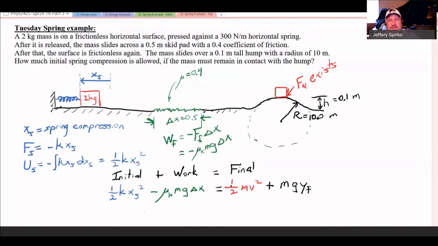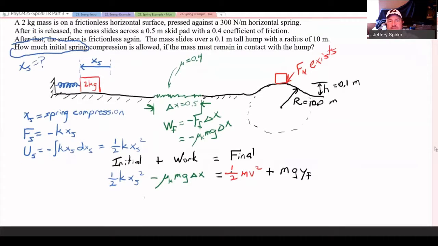So now it's up to us to figure out as much as we can about the terms in this equation so that we can learn the ultimate question, how much initial spring compression, so that's x sub s equals question mark. So we don't expect to know x sub s from this analysis, but we expect to know everything else.